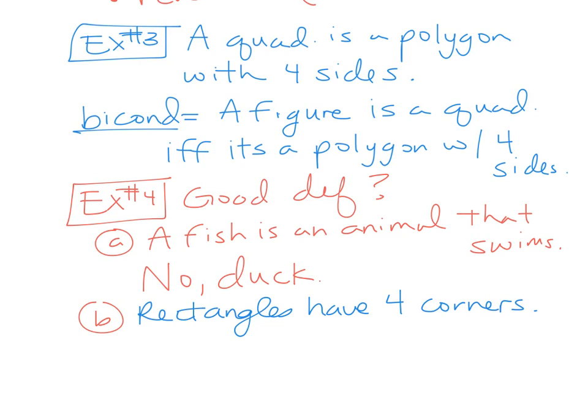Is there another counterexample you could give me? A trapezoid has 4 corners but is not a rectangle, right? So this is not a good definition. Depending on what the quadrilateral looked like, you could do something like this: 4 corners, but not a rectangle. So that would be a good counterexample.